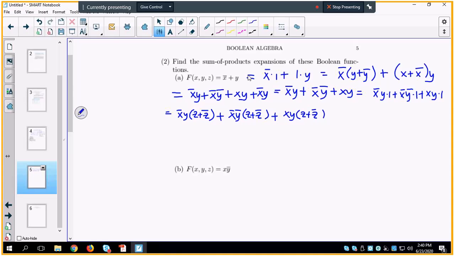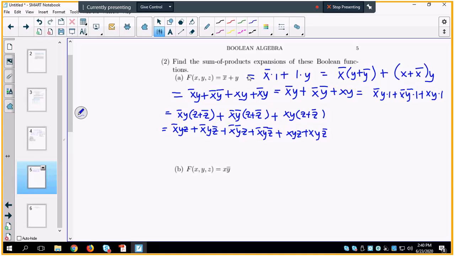So when I distribute, I have x bar yz plus x bar yz bar plus x bar y bar z plus x bar y bar z bar plus x y z plus x y z bar.